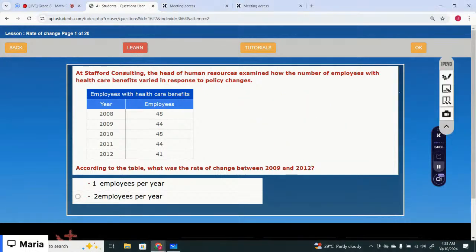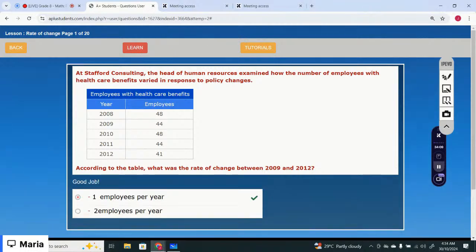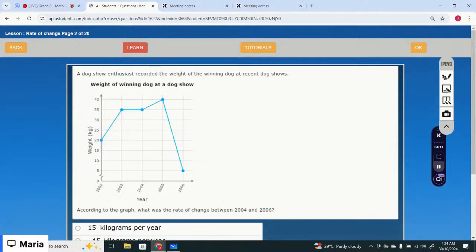Okay, so let's just move on to the next one. A dog show enthusiast recorded the weight of the winning dog at recent dog shows. According to the graph, what was the rate of change between 2004 to 2006?